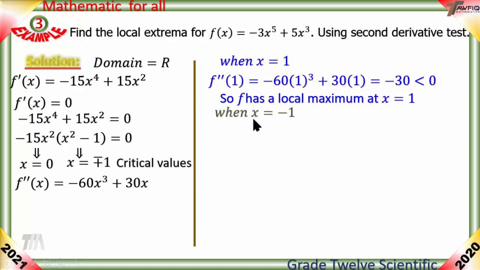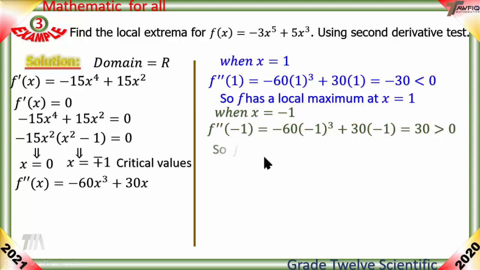And when x is -1, replacing in the second derivative, f''(-1) is -60 times (-1) cubed plus 30 times -1, which becomes 30, bigger than 0. That means the function f(x) has a local minimum at x = -1.